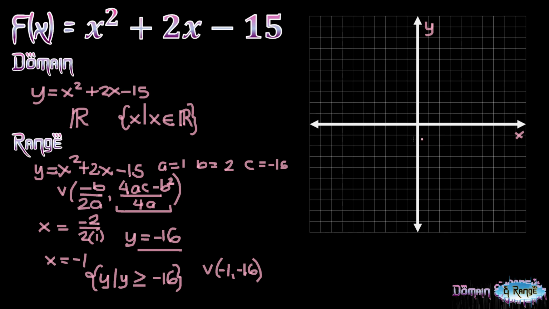Take note that if we have 2 steps here, let's say negative 2, the horizontal axis will also have the same jump, so that our graph would be a little bit accurate. So negative 1 for x, and for y negative 2, negative 4, negative 6, negative 8, negative 10, negative 12, negative 14, negative 16. So the vertex is somewhere here. This is the vertex of the function.